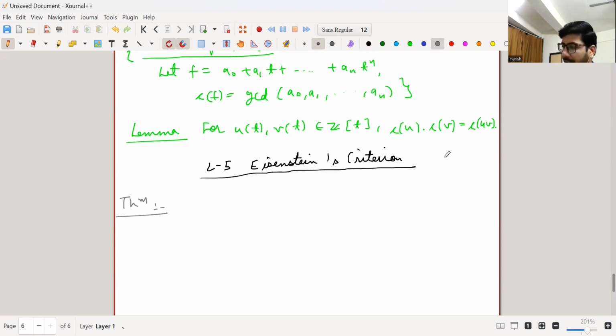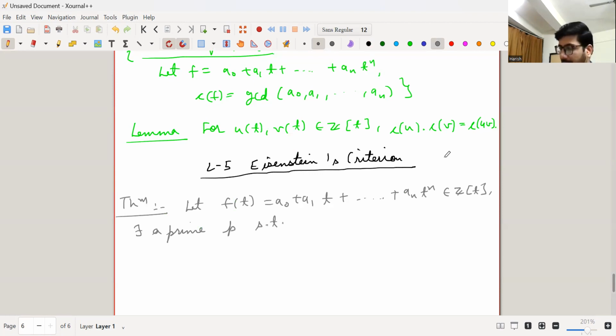So it says let f(t) is equal to a naught plus a1 t plus dot dot an t^n belongs to Z[t], such that there exists a prime p satisfying this.